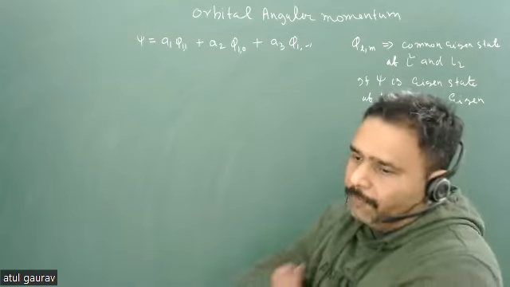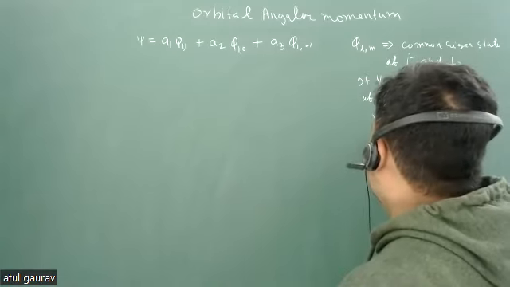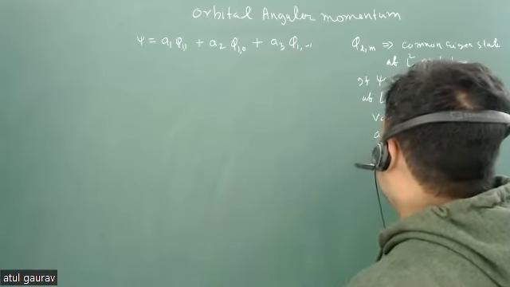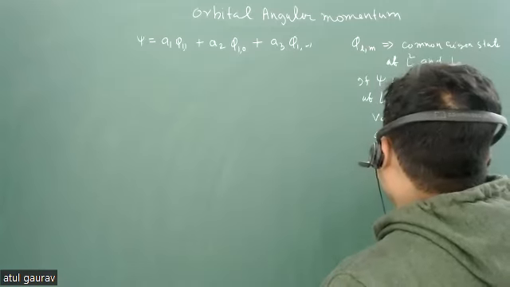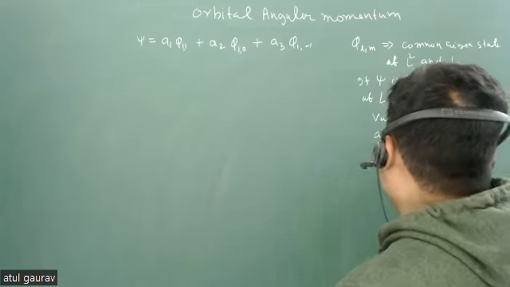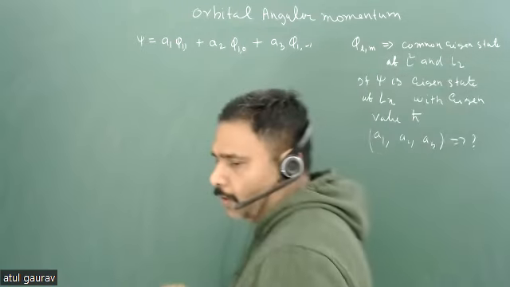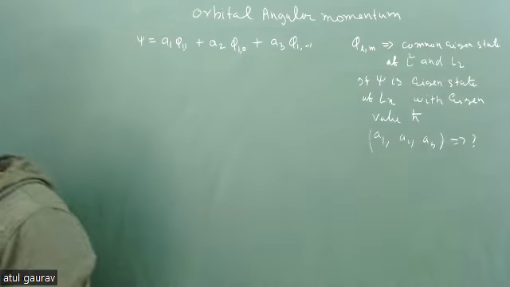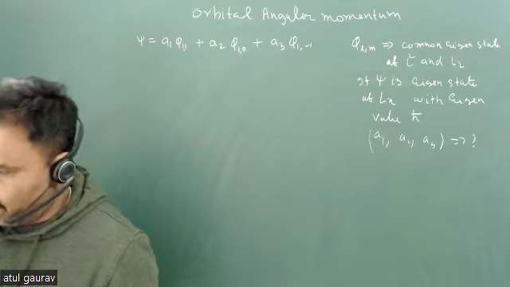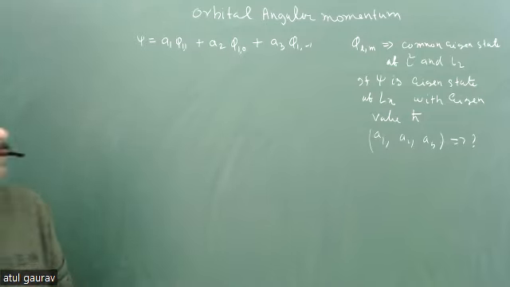Then we have to find the value of A1, A2, A3. So this is your problem. And yes, A1, A2, A3 are just real numbers, so we have to work only for real numbers. And psi is also normalized.